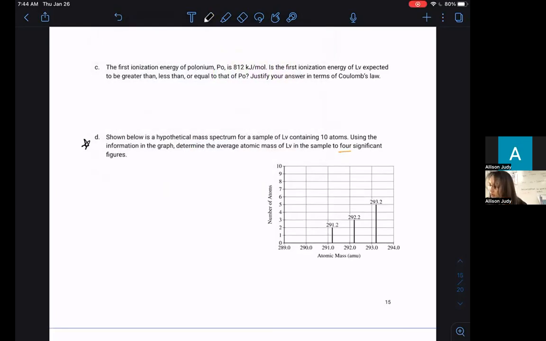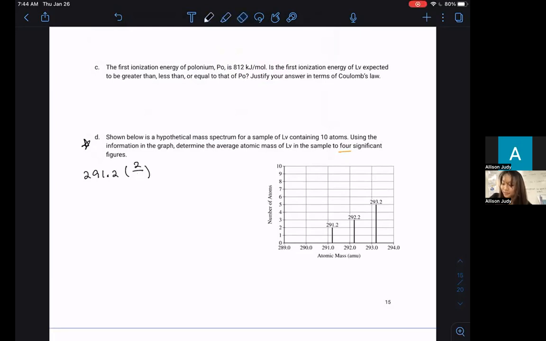So you know that the first isotope is 291.2, and so nice of them, they give you the exact atomic mass values that they're having you work with. So 291.2, and you're going to multiply it by its relative abundance, which is 2/10. 2 out of the 10 atoms had this. And when I say about, I definitely meant exact.